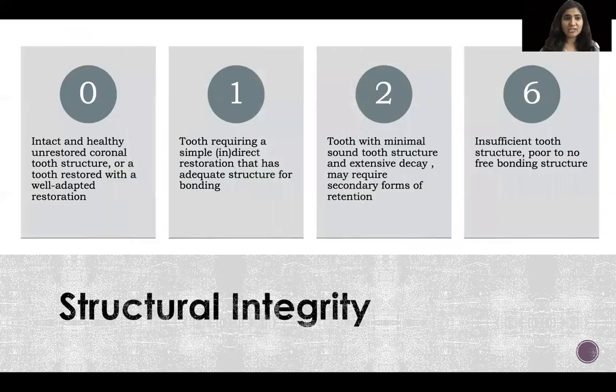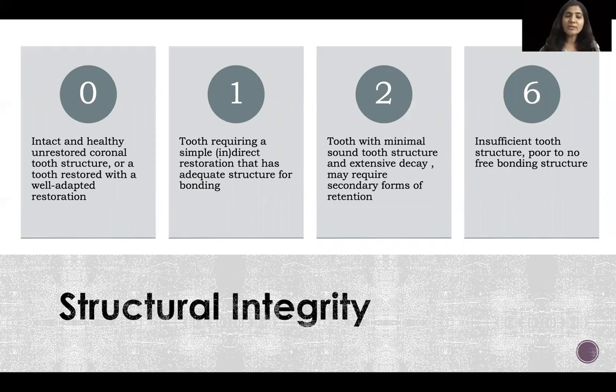So coming to the structural integrity, each component has been divided into 4 parts, which means 4 scores are given depending on the availability of the structure of the tooth. So scores 0, 1, 2, and 6 are given.